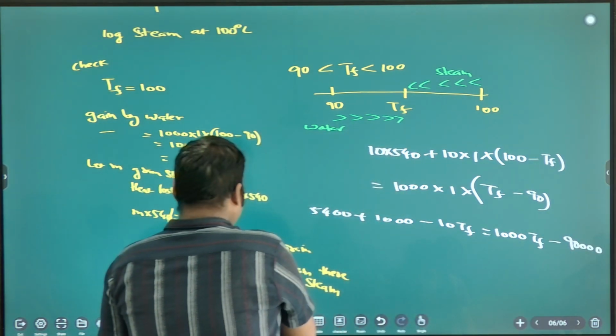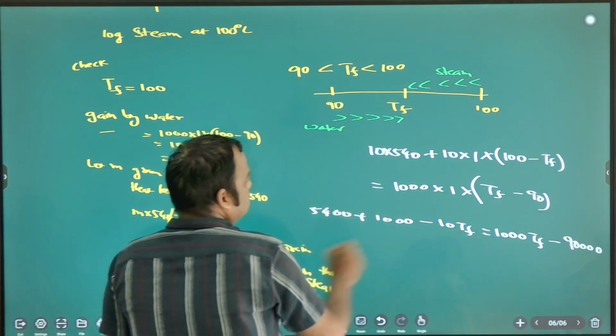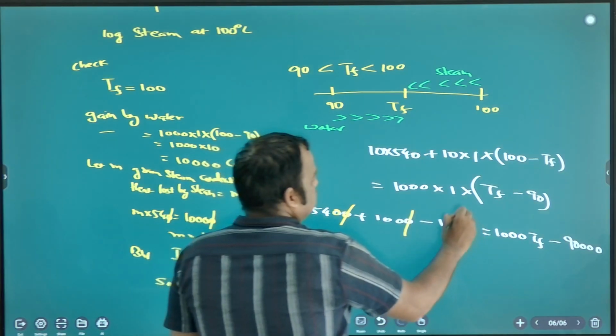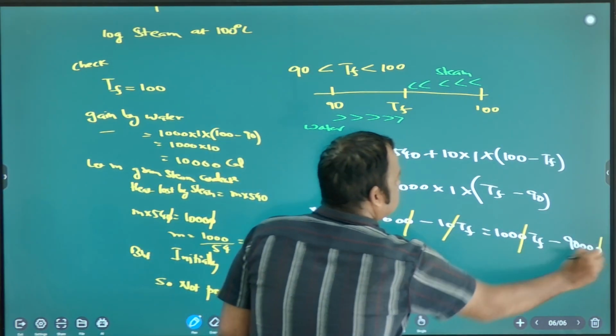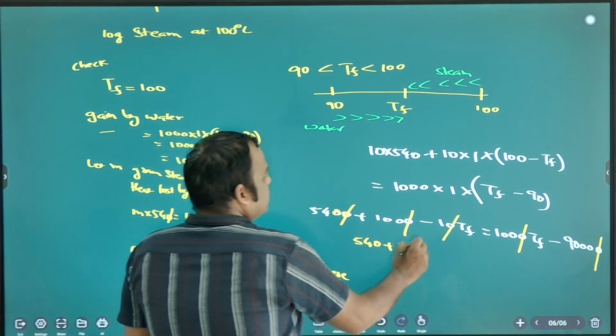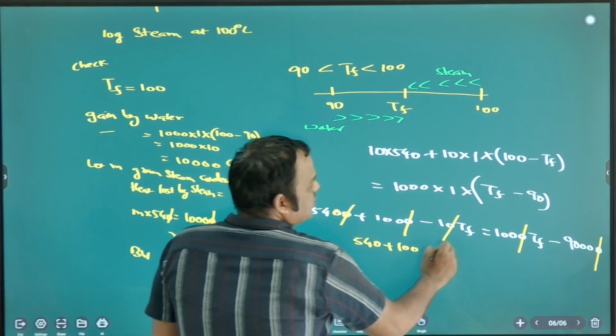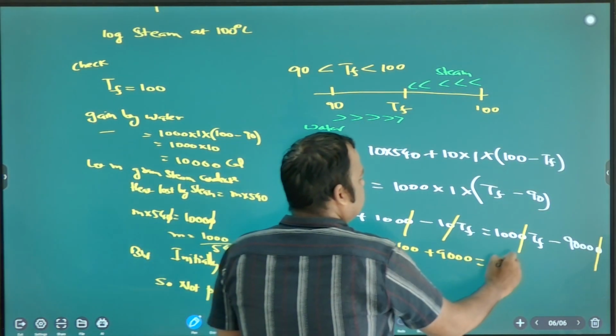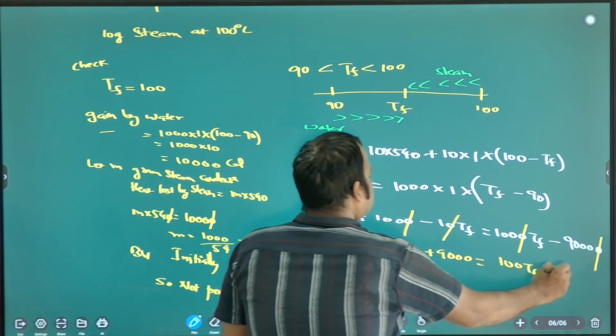Cancel by 10. 540 plus 100 plus 9000 is equal to 100 TF plus TF.